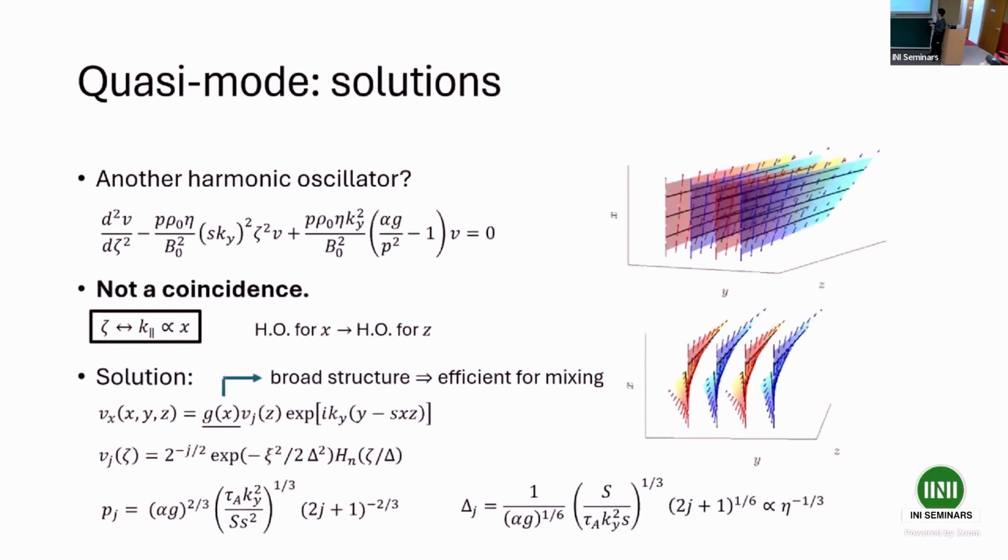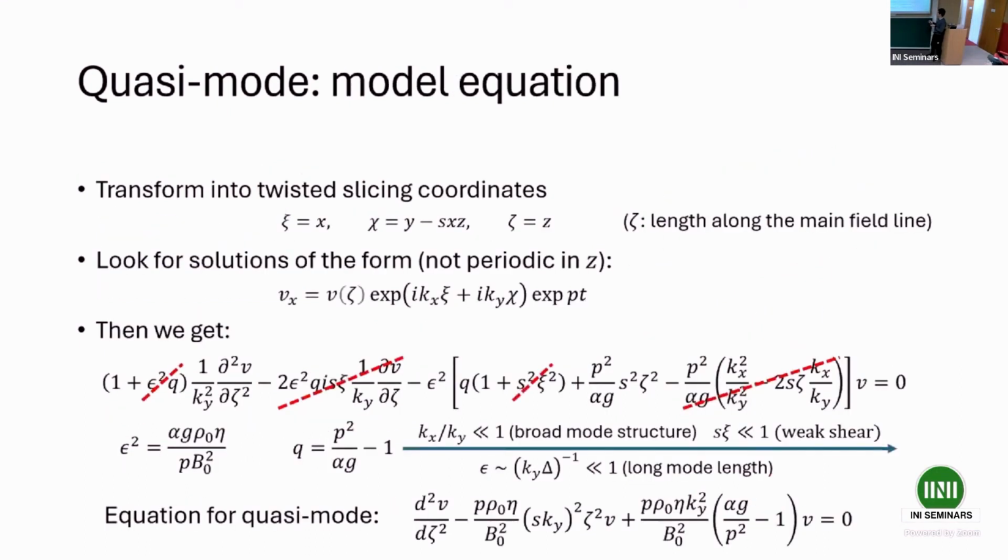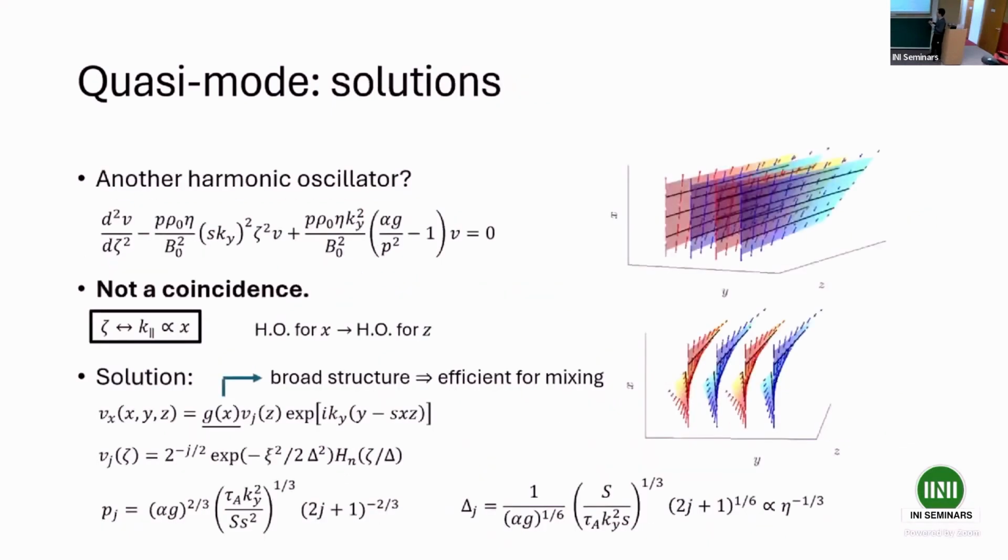But I should clarify, this is not a coincidence. After the twist transformation, zeta corresponds to the coordinate along the mean field line. Since k parallel and zeta are conjugate variables, and k parallel is proportional to x, zeta and x are also conjugate variables.